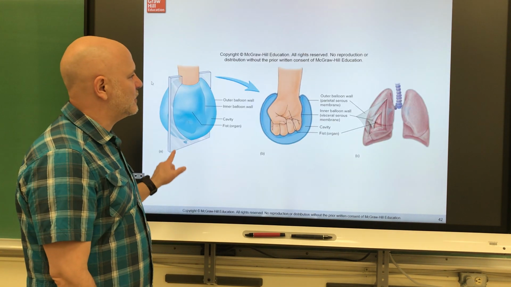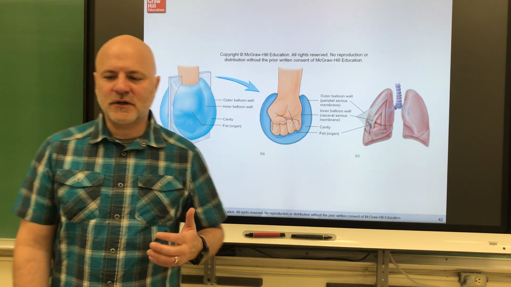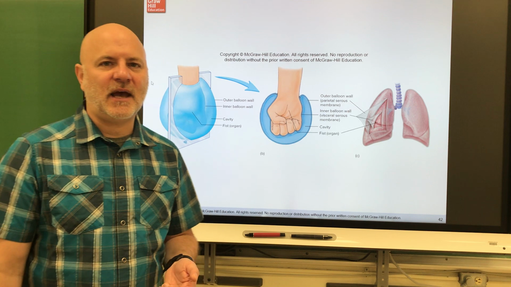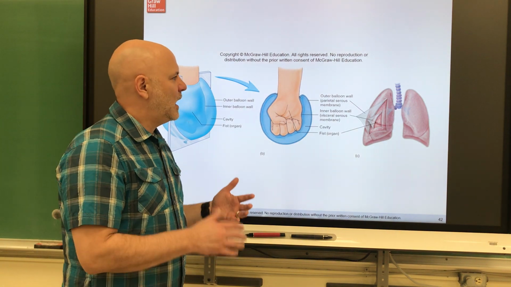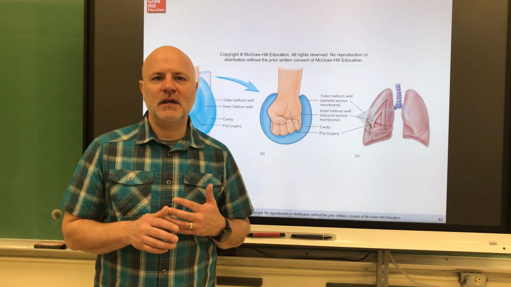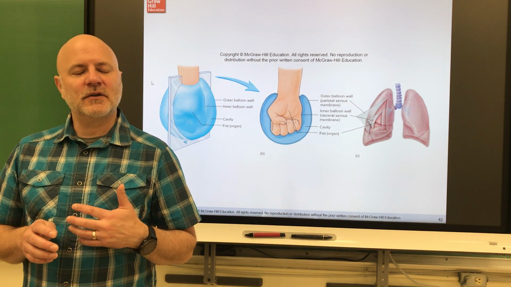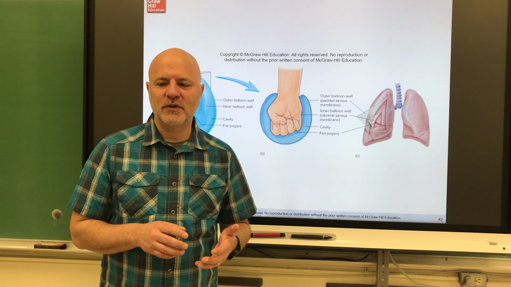All right, let's take a look at serous membranes. Now, serous membranes, also known as serosa, are membranes that line body cavities and organs. What they do is produce serous fluid, which is a lubricant. This is fluid that reduces friction between the organs.